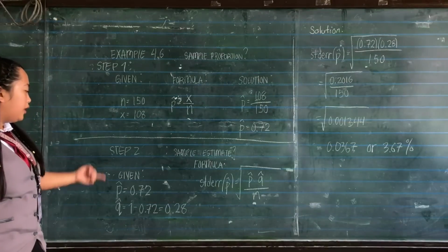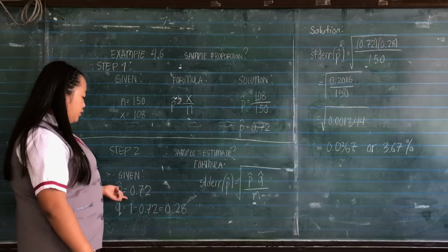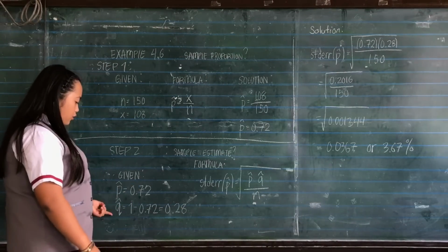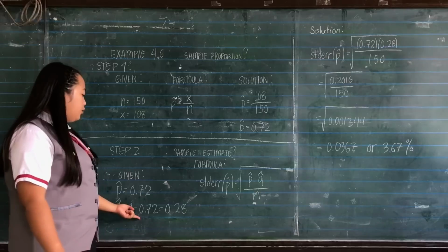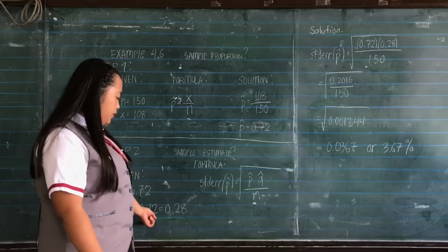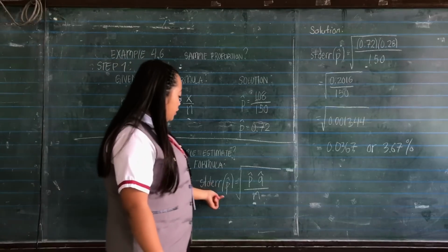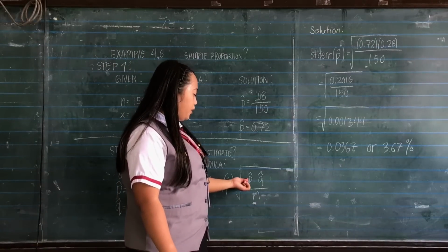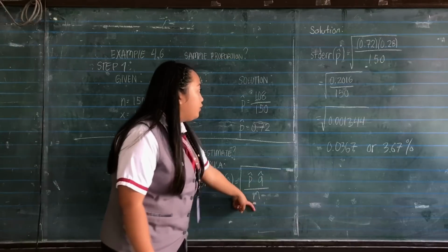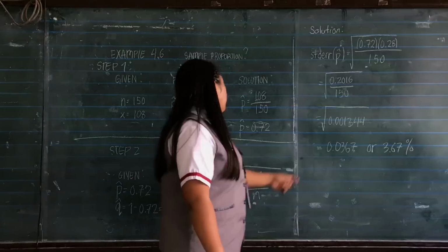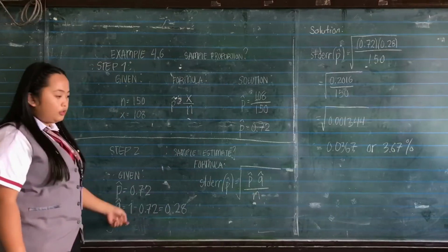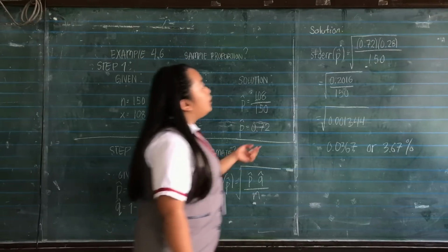While in step 2, we have the given p equals 0.72 and q equals 1 minus 0.72, and we will get 0.28. Our formula is standard error equals the square root of p multiplied by q all over n. To get our solution, we substitute our given to our formula.